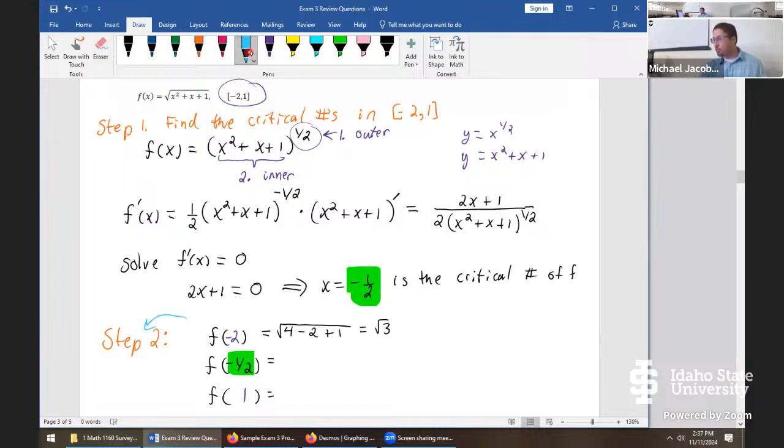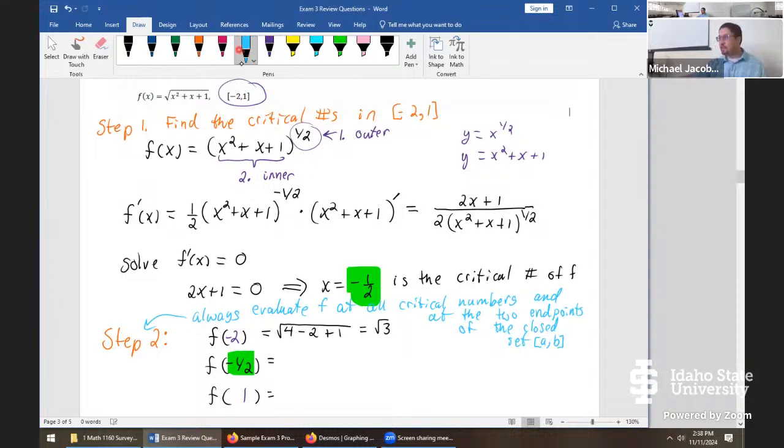So in the closed interval method, we always evaluate f at all critical numbers and at, there's always going to be 2 endpoints of the closed set, whatever set they gave. It'll be formatted as A to B. So in our problem, A is -2 and B is a +1. Other questions about that so far?